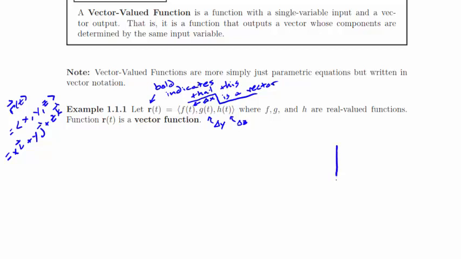Let's get an idea of what this is doing here. So here I'm going to have my axes, my x, my z, my y.